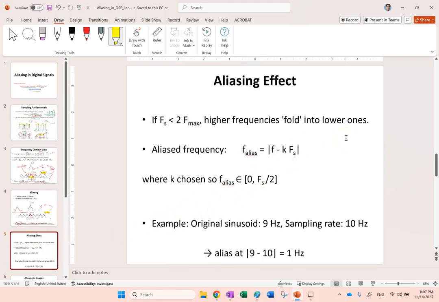So if you look at a simple 1D signal, what's going to happen here? The thing that is going to happen is some of your high frequencies will show themselves as low frequencies. So the signal is high frequency, but you're going to see that as low frequency.